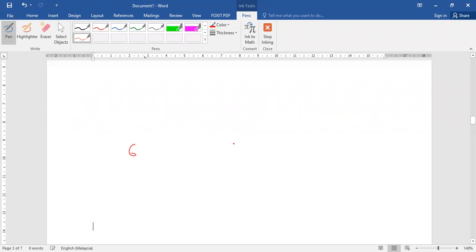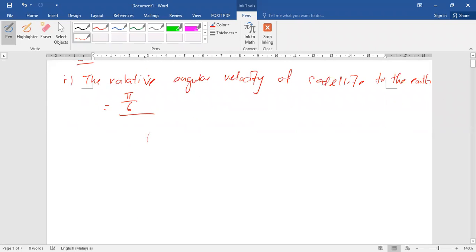Divided by the time taken, which is 6 hours. That means it will be equal to 0.0873 radian per hour.